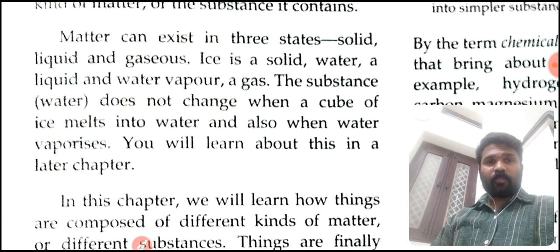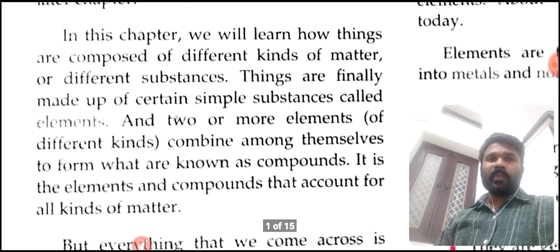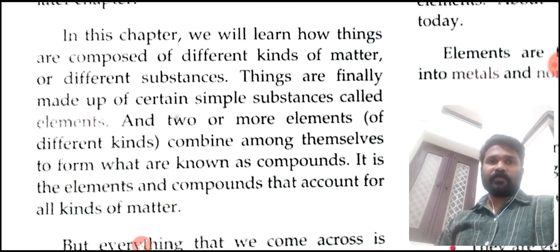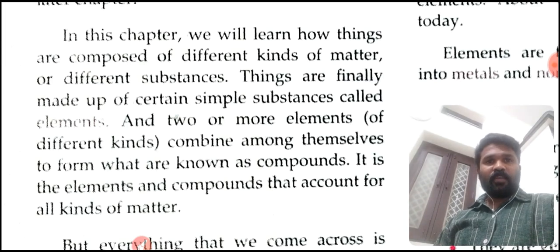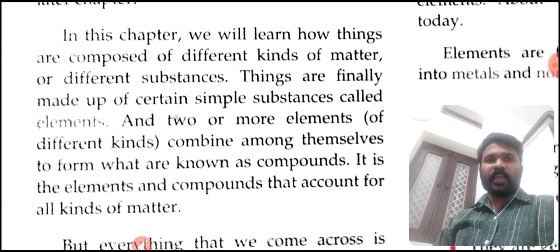In this chapter, we will learn how things are composed of different kinds of matter or different substances. Things are finally made up of certain simple substances called elements.